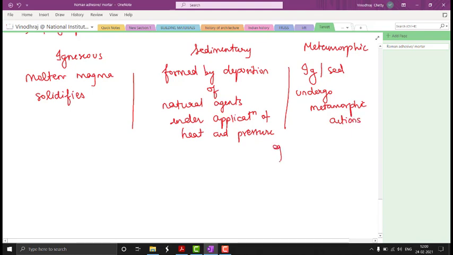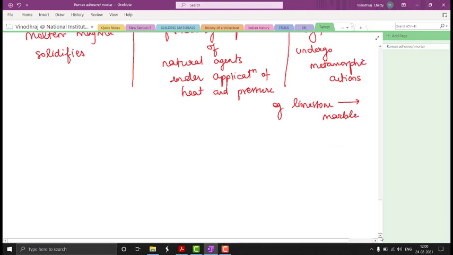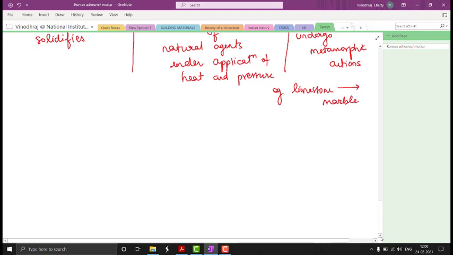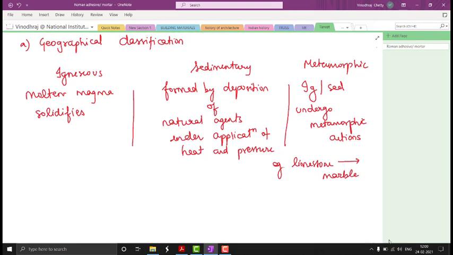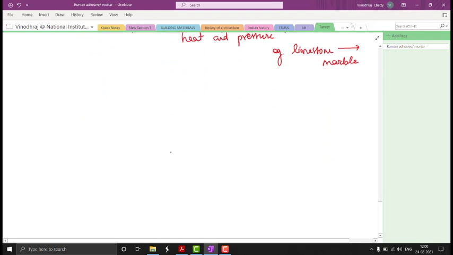So metamorphic action means limestone can be converted into marble, right? So this basically happens due to application of heat, pressure and many more natural factors that are there. So this was the geographical classification: igneous, sedimentary and metamorphic.